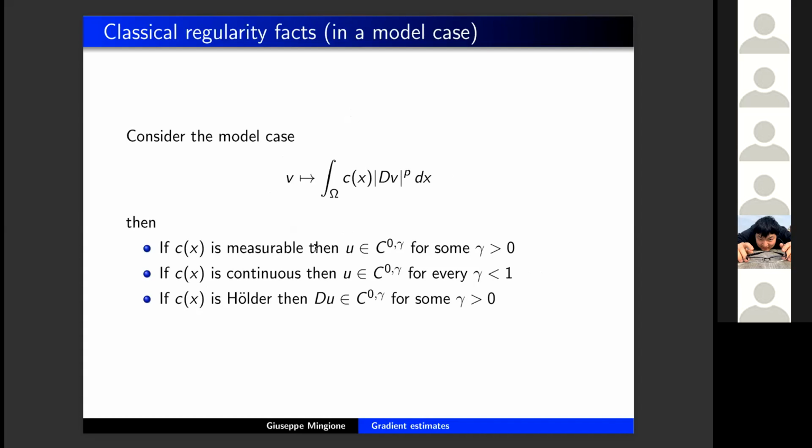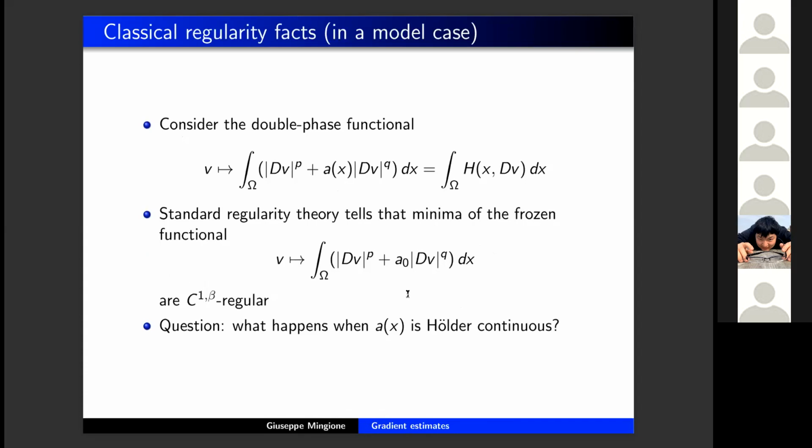Okay, this is the kind of regularity I told you before. So, for instance, as soon as c(x) is Hölder in the classical case, then the gradient is Hölder. Now, what would you like to do in order to apply perturbation methods to, for instance, the last functional, the double phase functional? So the idea is the following.